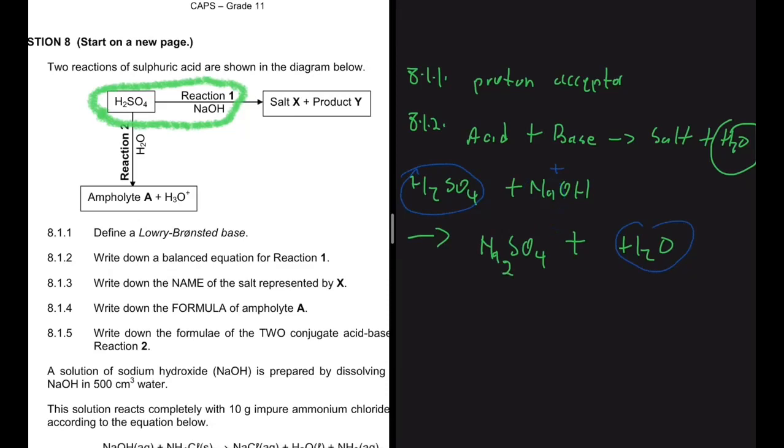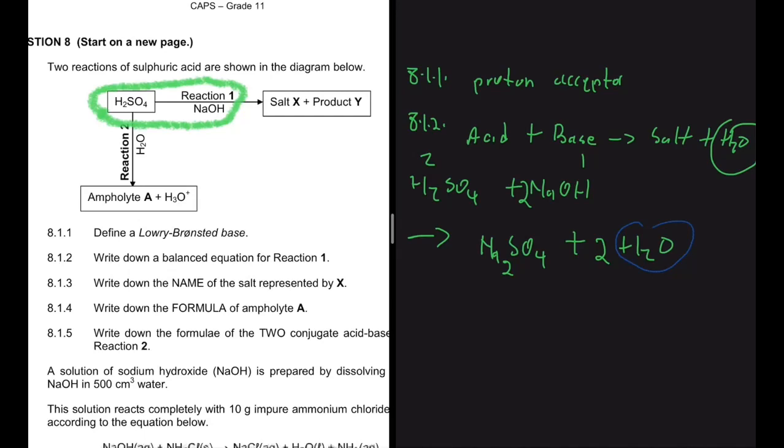Now at this point, we can balance our equation. We have 2 hydrogens here, 1 here, and then here we have 2. So the hydrogens are not balanced. How can you possibly balance this hydrogen? If we put a coefficient of 2 here, we're going to have 4 on the right and 3 on the left. But if we put a coefficient of 2 here, then we have 4 on the left and 4 on the right.